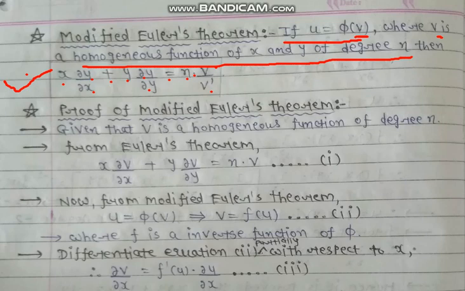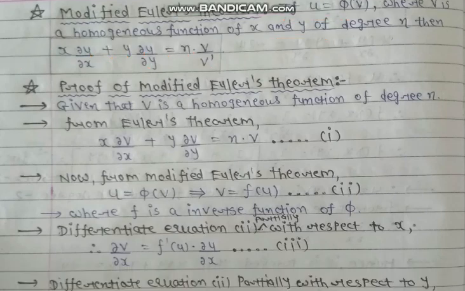So basically it is a modified Euler's theorem, and we are going to use it to find x del u by del x plus y del u by del y is equal to n into v upon v prime. Clear? So first of all, we will see the proof of modified Euler's theorem. You have the statement u is equal to f of x comma y.